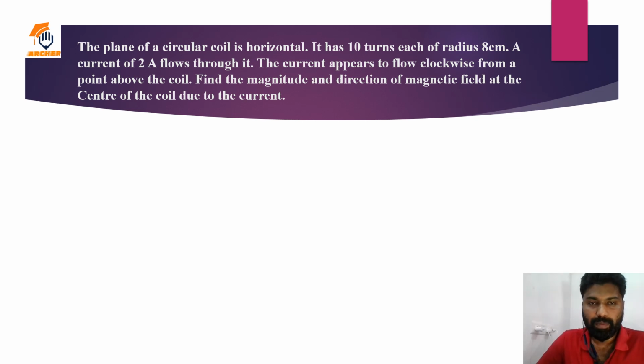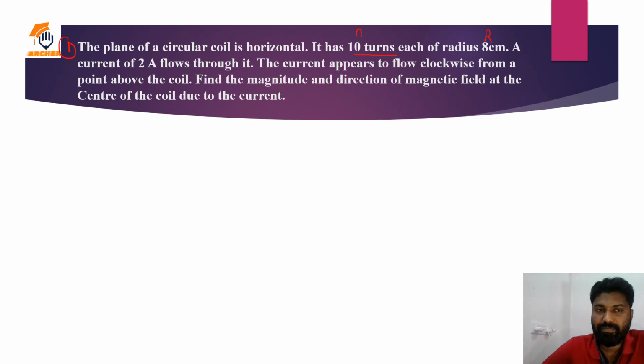We can do some numericals here. See, the first problem. The plane of a circular coil is horizontal. It has 10 turns, so n is 10. Each of radius 8 centimeter, so capital R is 8 centimeter.